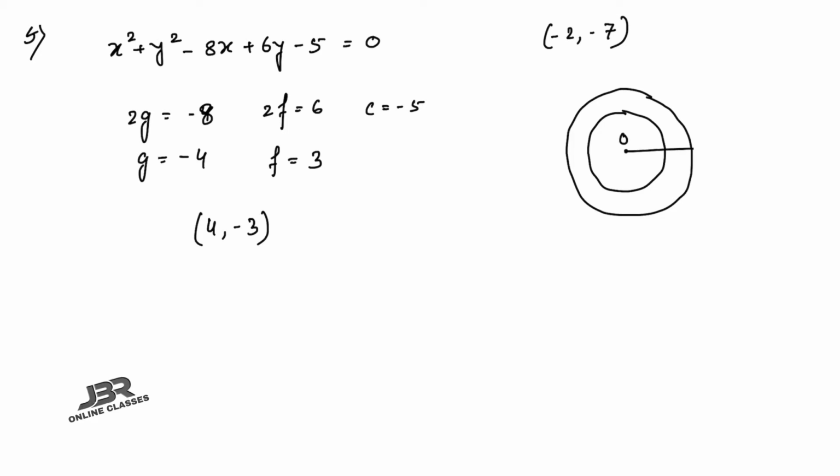Here O is the center, and the point B is (-2, -7). Point O is (4, -3). So OB is the radius of the outer one.